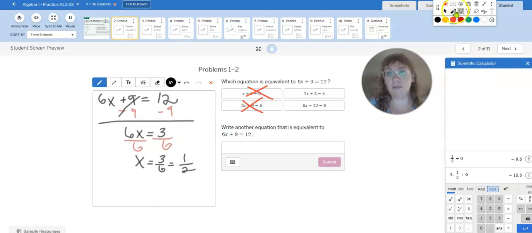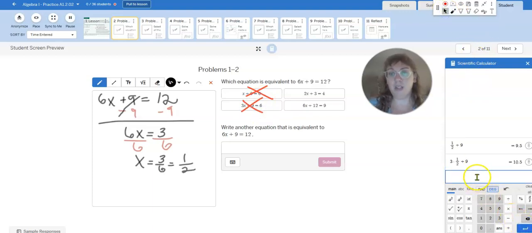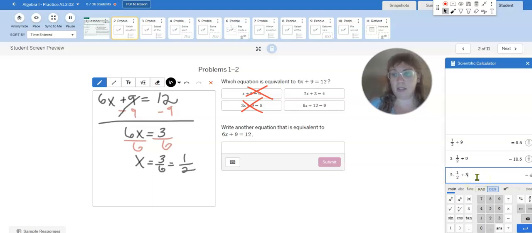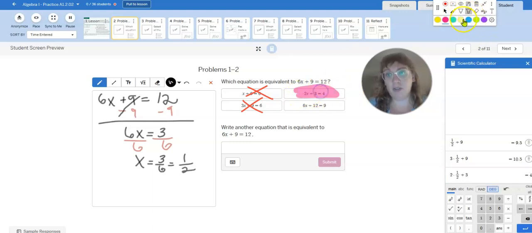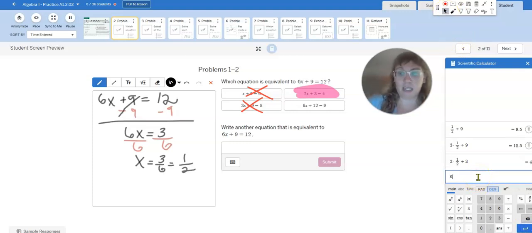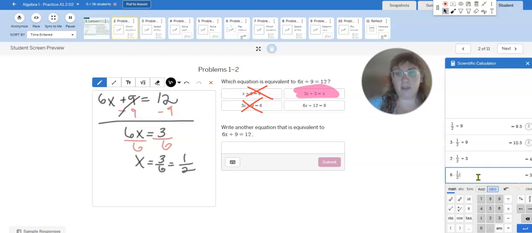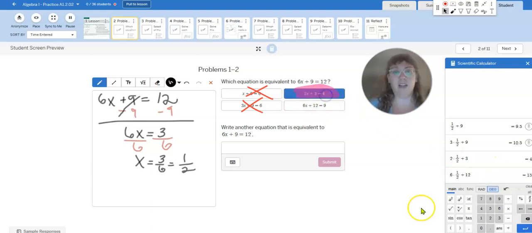That's not a true statement. 2 times 1/2 plus 3 equals 4. And 4 equals 4. So far this one is looking good. We got a true statement. We can just show the last one, which is 6 times 1/2 plus 12, which equals 15, not 9. So there's our answer. 2x plus 3 equals 4.